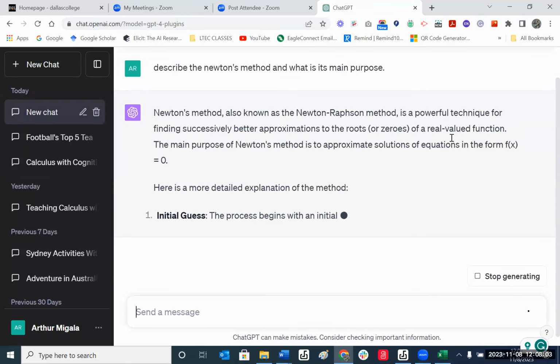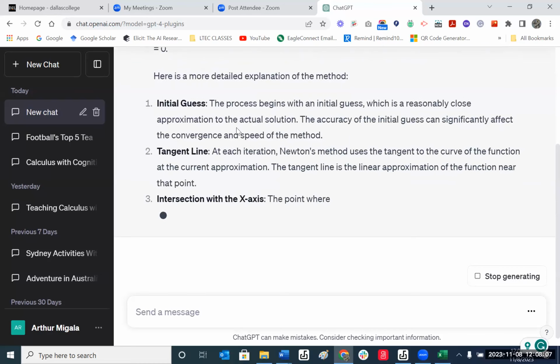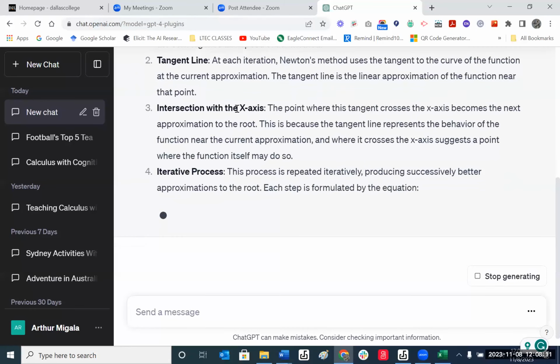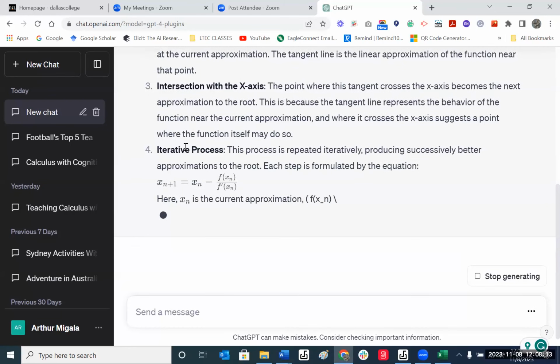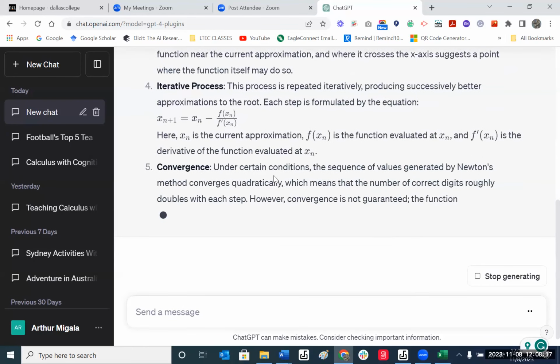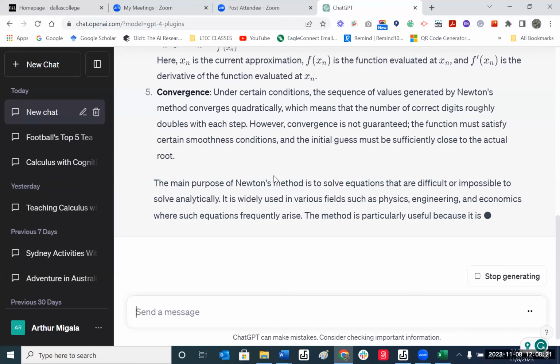This is true. It's a powerful technique. That's true. This is, yeah, intersection of the y-intercept, yeah. Oh, it even gives you formulas. I did not know it does that. Oh, yeah, I'm doing the higher ones. I've noticed sometimes in LaTeX.